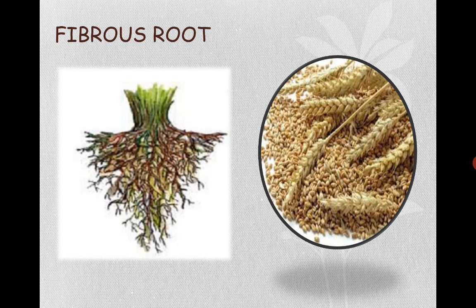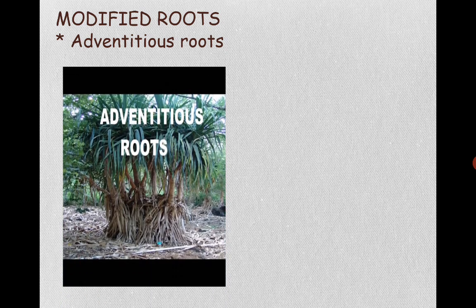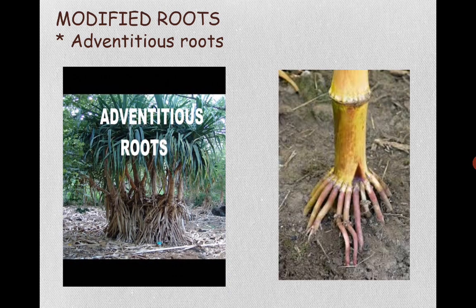Apart from the main types of roots, there are many modified roots. One of the types of modified roots are adventitious roots. Some plants have roots growing right above the soil.